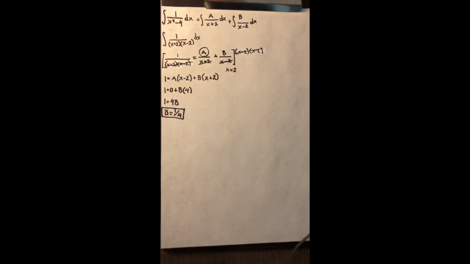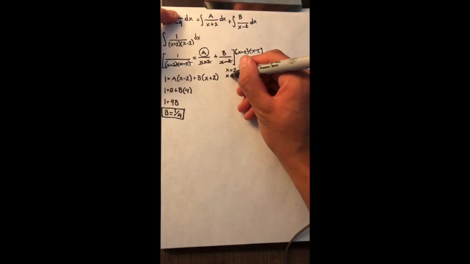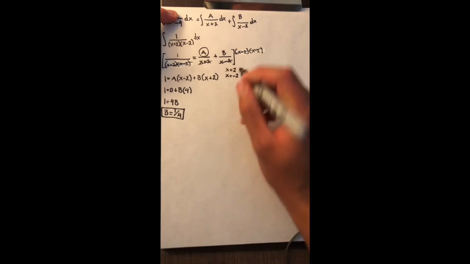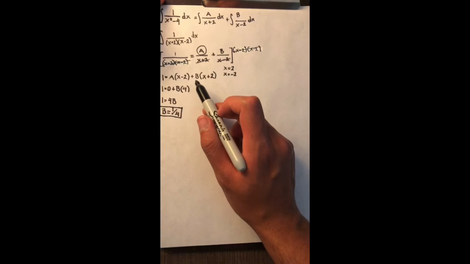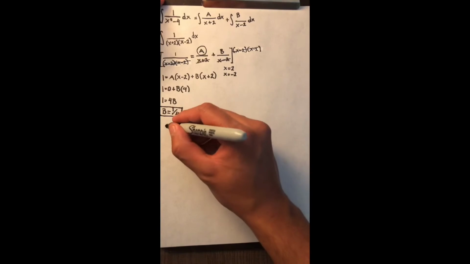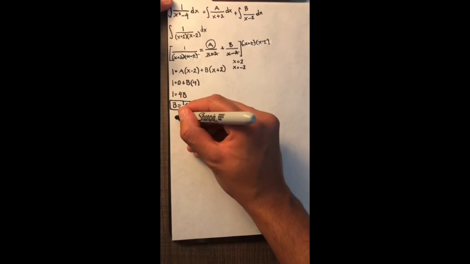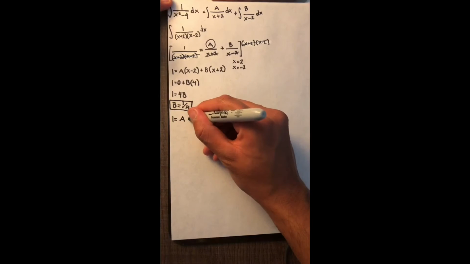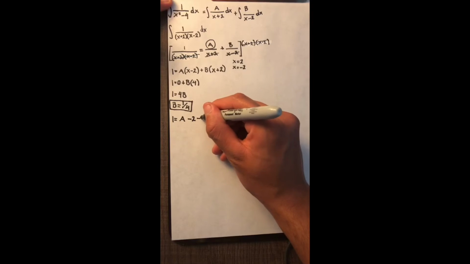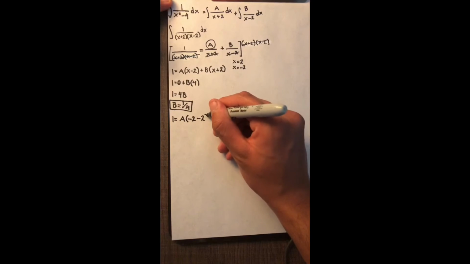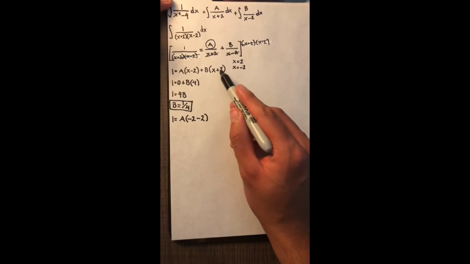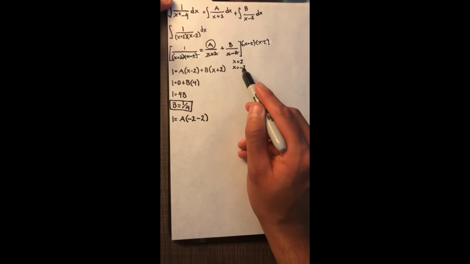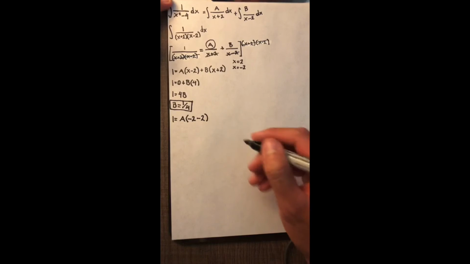And another value we can try is x equals -2. If we do the same with -2, it's 1 equals a times (-2 minus 2), and since x plus 2 is now 0, the b term becomes 0.